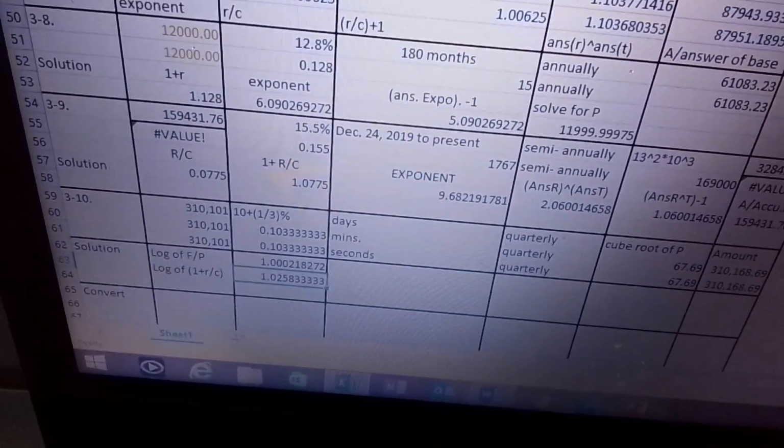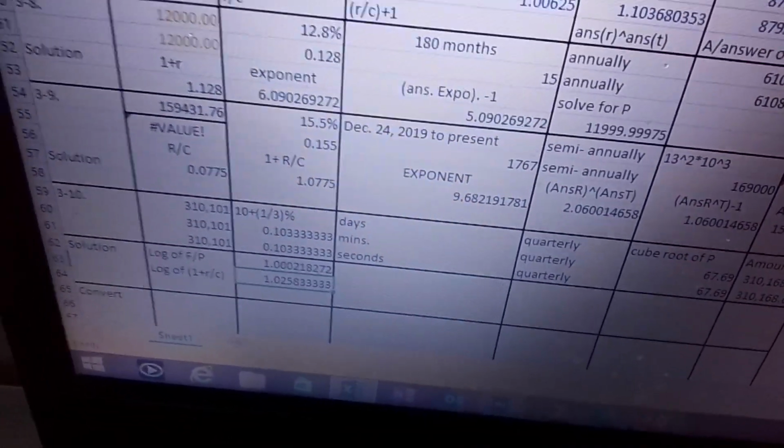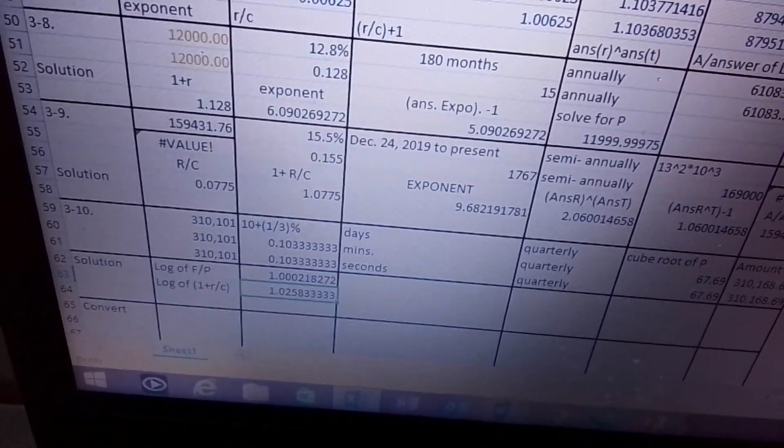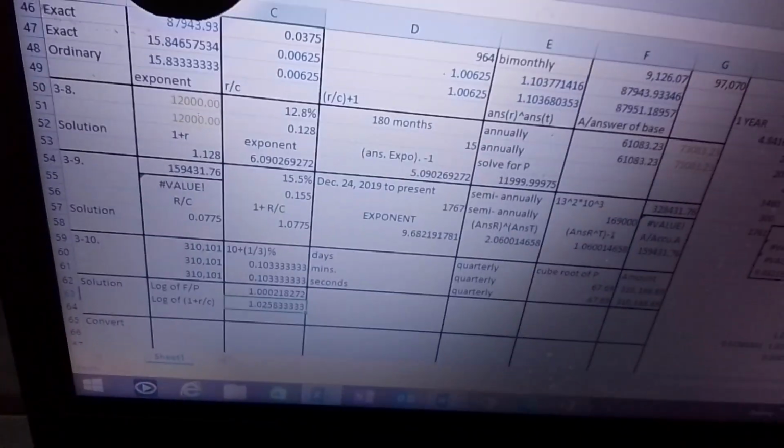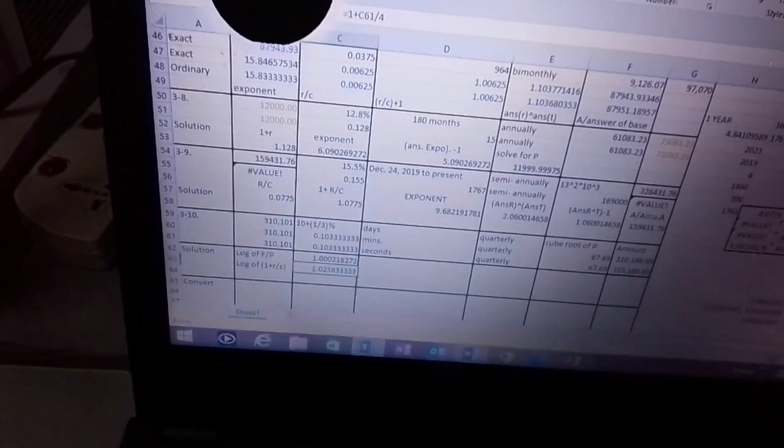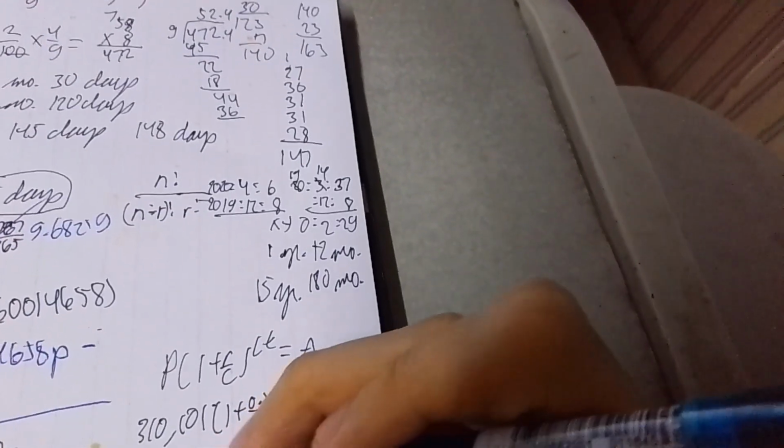And then, in your calculator, 1.025833 raised to the 40 power is equivalent to 1.0002187.